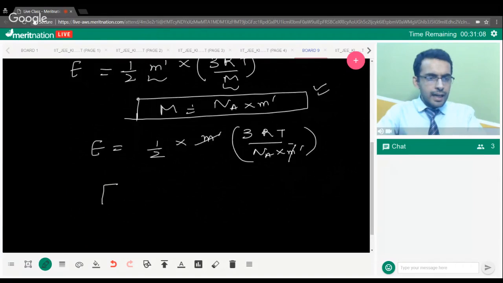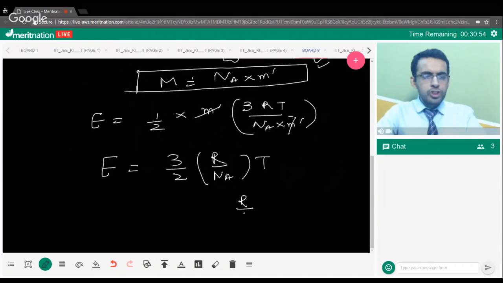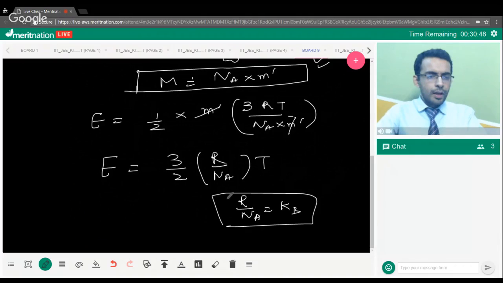So E, the average kinetic energy, is equal to 3 by 2 R by Na into T. What is R by Na? It's equal to the Boltzmann constant. So E is equal to 3 by 2 kBT.